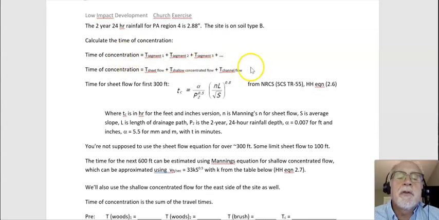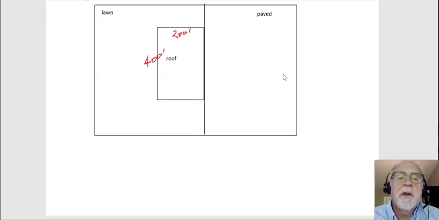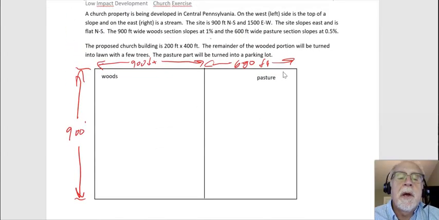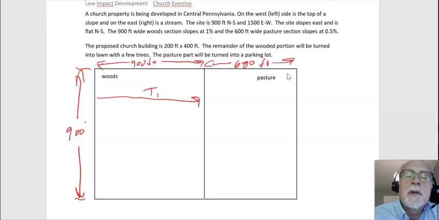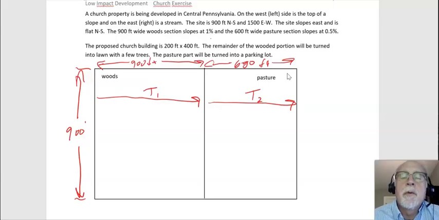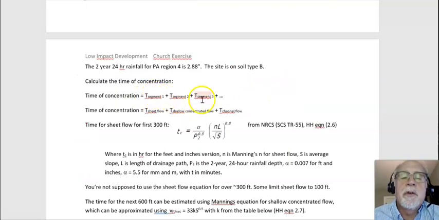So the time of concentration for a site, or a section of the site, is the time as we go across here. So in this case, we're going to have this time that has a certain land use, certain slope, and this time. And so the time of concentration is the time of the different segments put together.